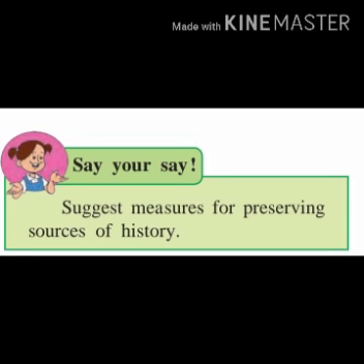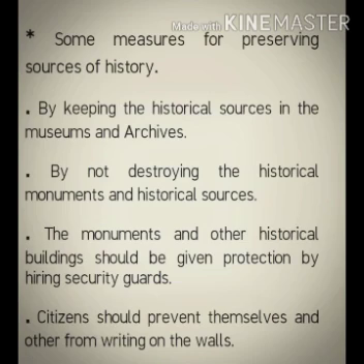Students, as evaluating the sources of history is important, similarly, preserving the sources of history is also important. Here are some measures for preserving sources of history: by keeping the historical sources in museums and archives, by not destroying the historical monuments and historical sources.